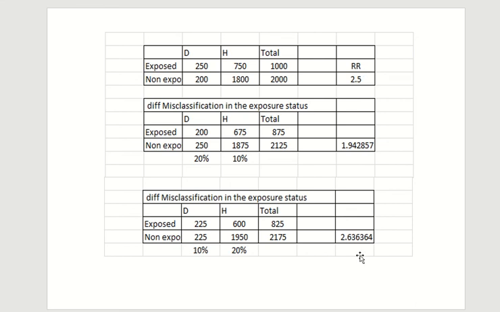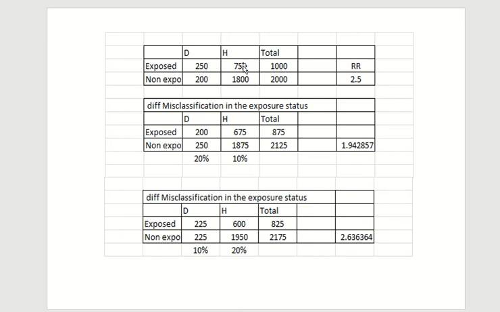However, if I inverse the percentage in terms of the misclassification, this time I'm going to take only 10% of those and put them below. So I'm only removing 25 and putting them down, so leaving 225 and 225.